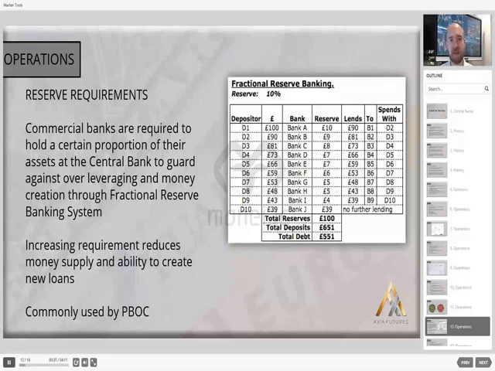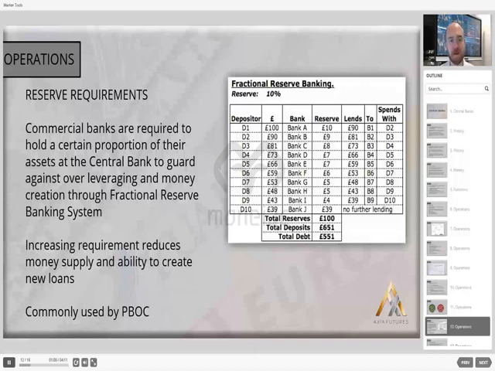Once the central bank has set an interest rate, it then needs to manage how this interest rate feeds through into the economy. There's no point, as I mentioned earlier, with a central bank having a monopoly on the money supply. If there's very little money in the economy, even with an interest rate set at a certain low level, that lack of money, people will then demand higher and higher interest rates to lend the money out.